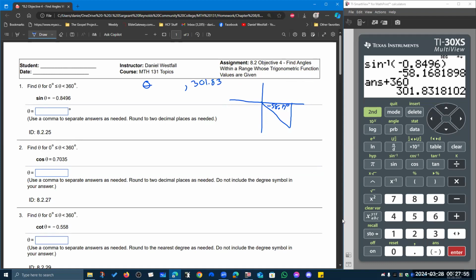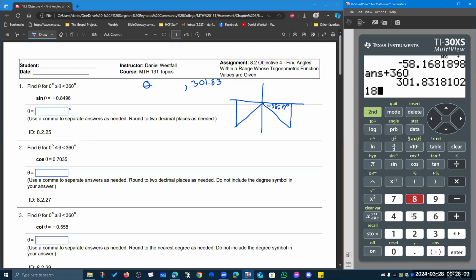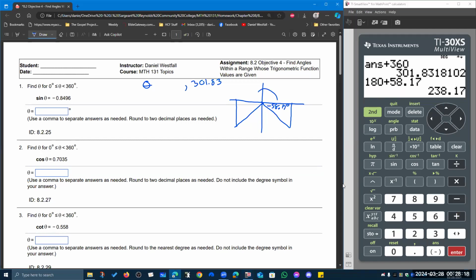So now I need to look at where else sine is negative, and it's also negative in quadrant 3. So I need to have the same reference angle of 58.17. So I need 180 plus 58.17, which is going to give me this angle of 238.17.